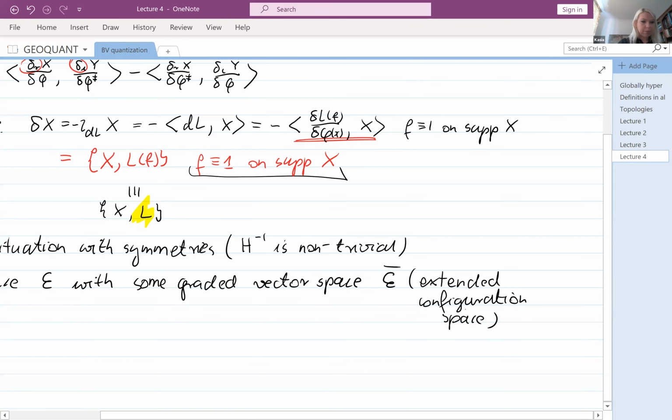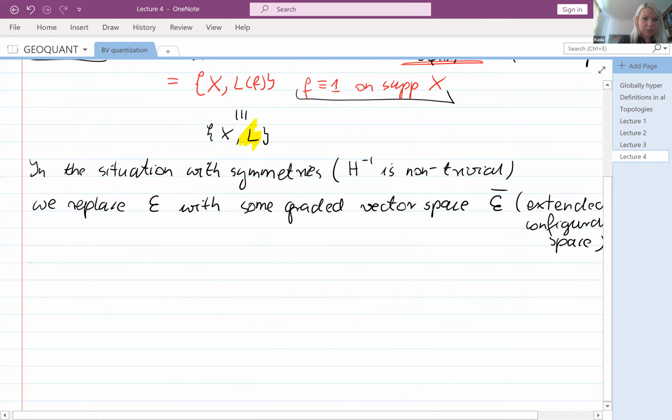And for example, let me give you a standard example, which I will comment on.